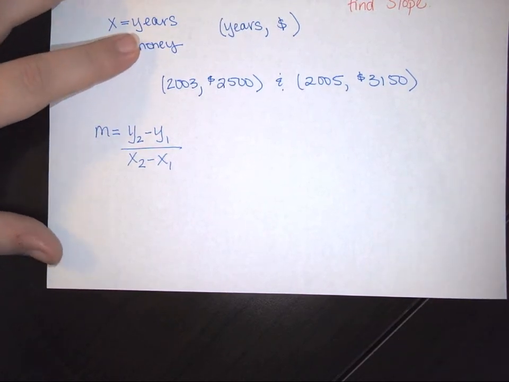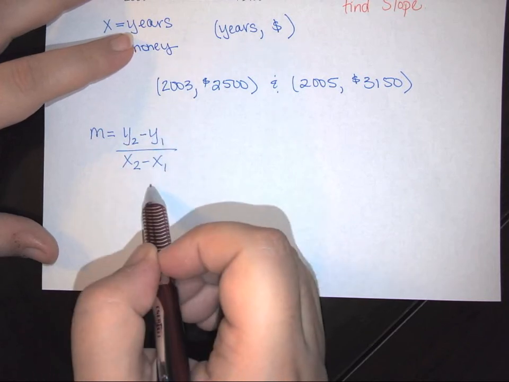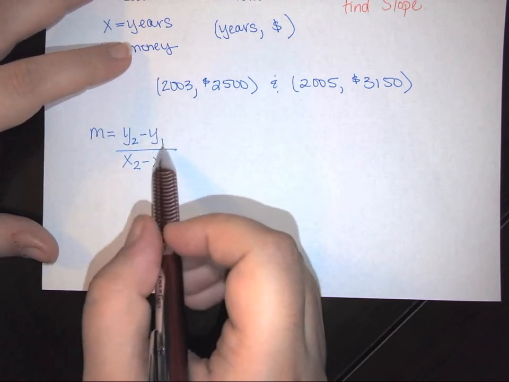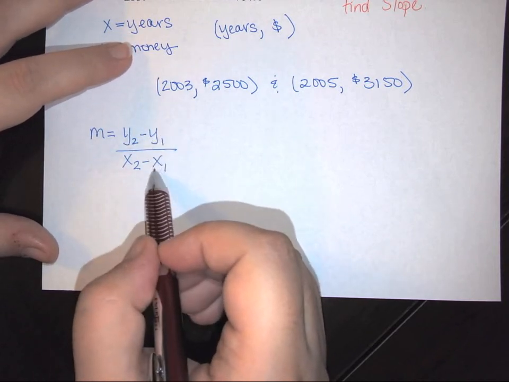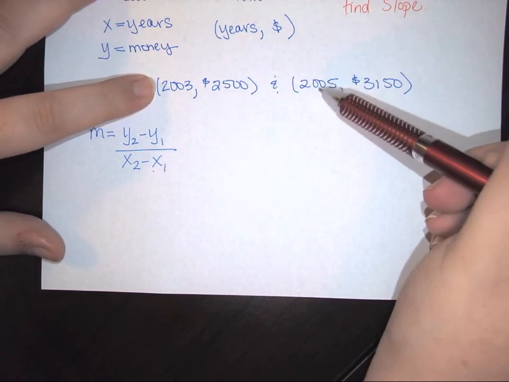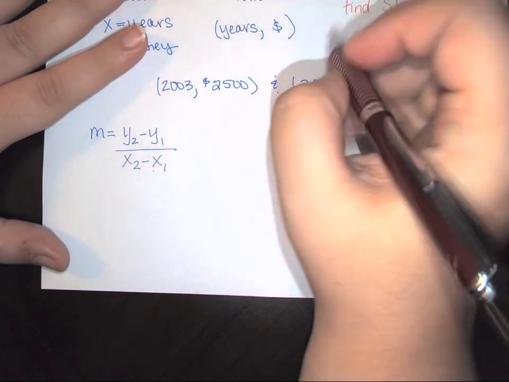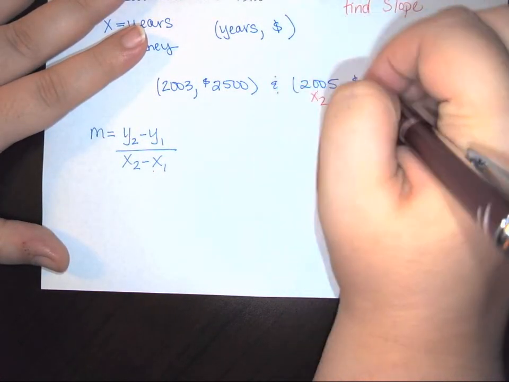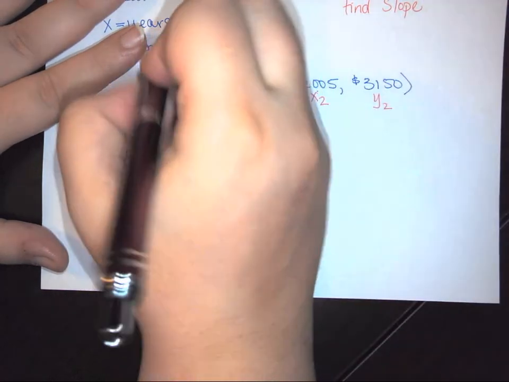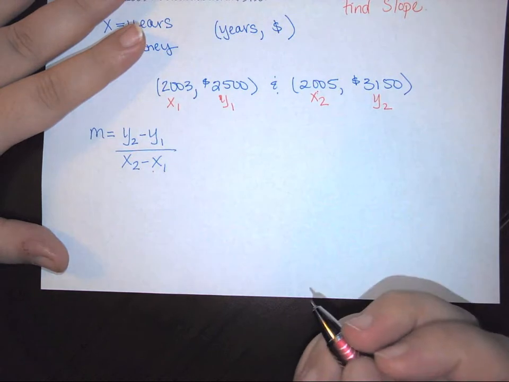So if you remember, the first step is you want to declare. Whenever I'm trying to decide which variables to use, I like to keep my variables positive as much as possible. So I would first look at my two x's. And in order to keep my x's positive, it would mean that the 2005 has to be x2, so this is y2, and the 2003 is x1, so this is y1.